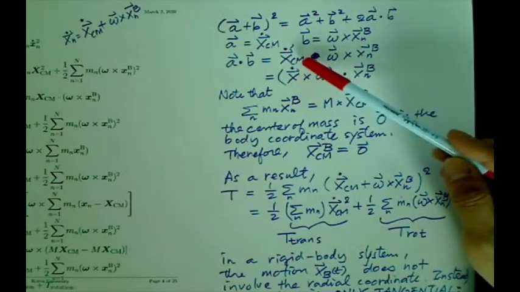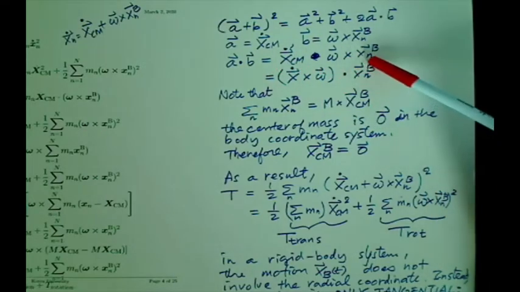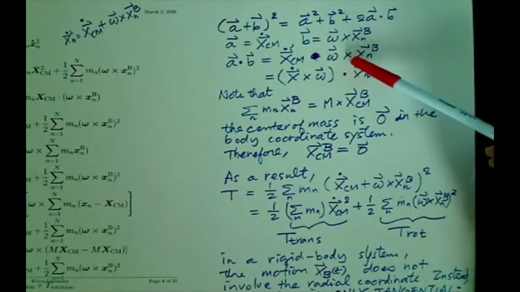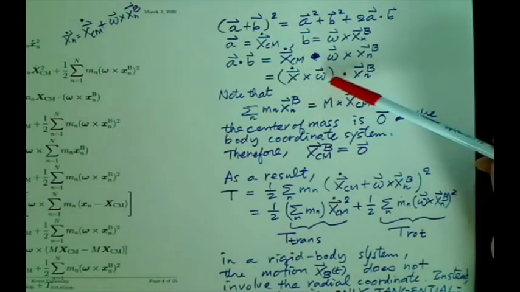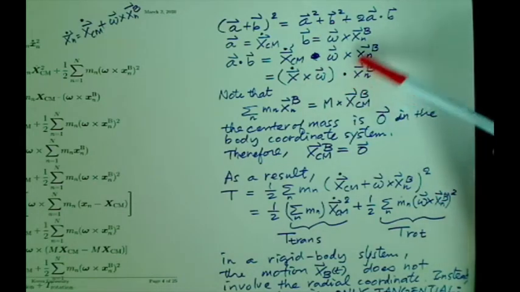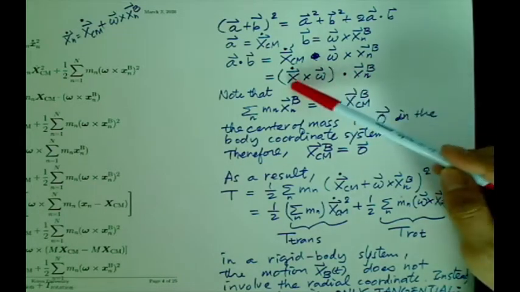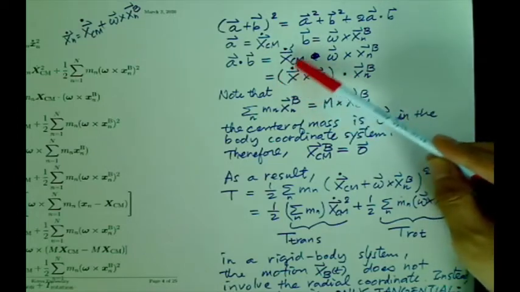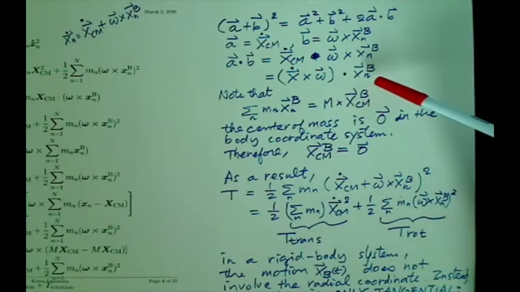We find that it is just a triple scalar product, and a triple scalar product can also be written in this form: cross product times some scalar product. And this is common to every particle n, for n going from 1 to capital N.